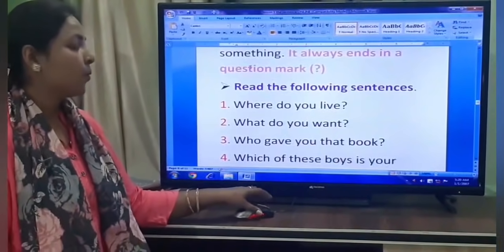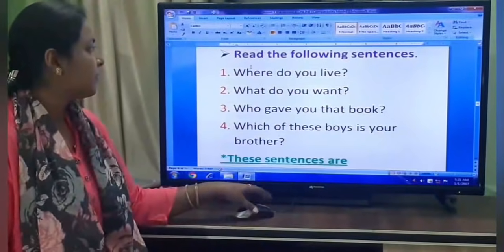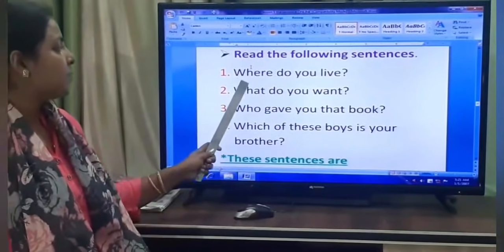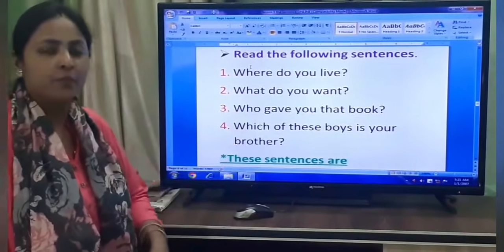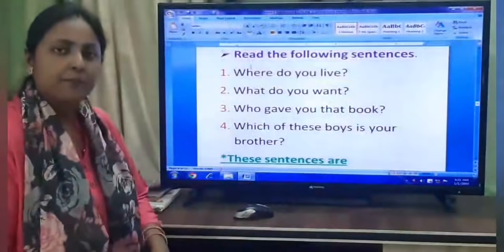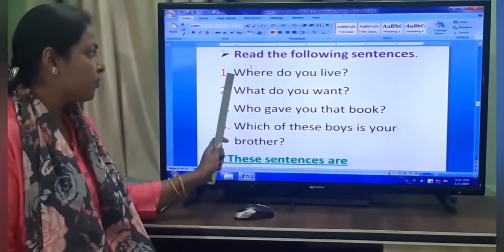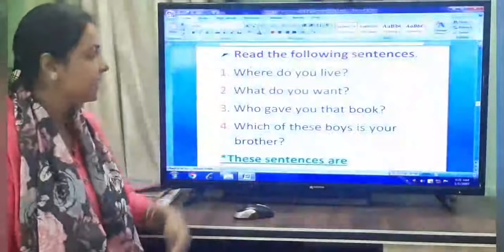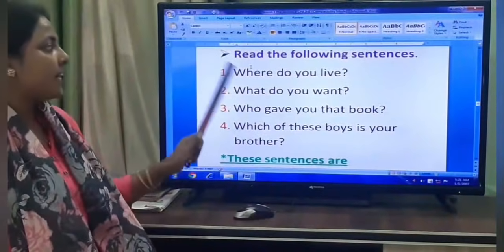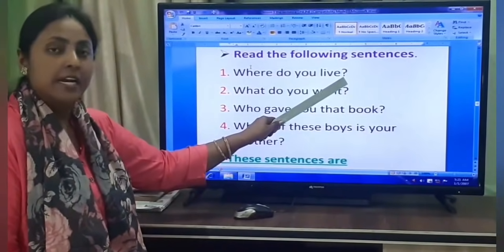So, now we go through some examples. The first example is, where do you live? Now what you will see here, the first letter W is the capital letter. At the end of the sentence, which mark it is?